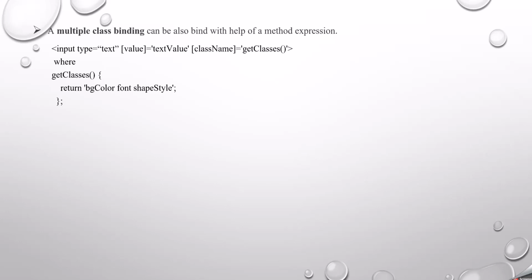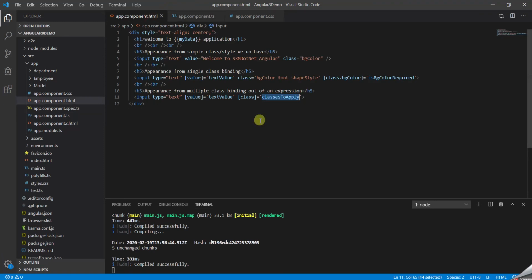The class is only holding the expressions coming from the backend, and here the method, when it evaluates, will come up with the class name. This is the Angular instruction we have to go with whenever we want to get a number of classes as a string. You need to do it using className rather than class, else it won't work actually. There is a getClass method over here, so let's go and create the same.